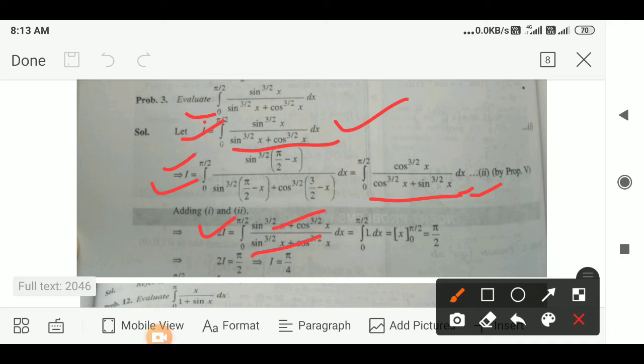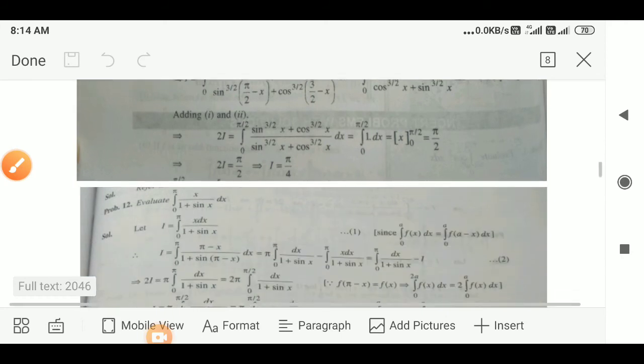You get again integral 0 to pi by 2 of 1 dx, so that is x from 0 to pi by 2, so we get value pi by 2. Thus we get such result.